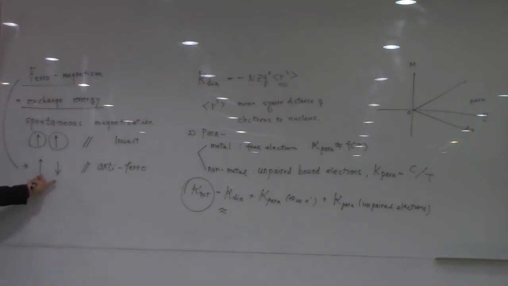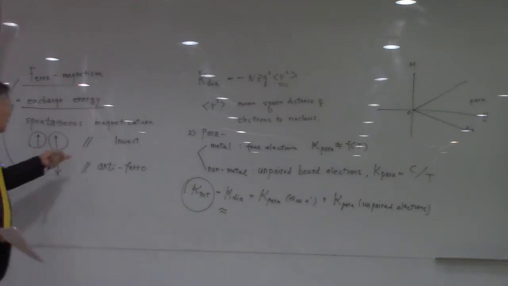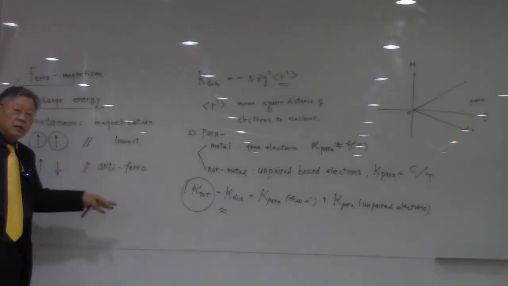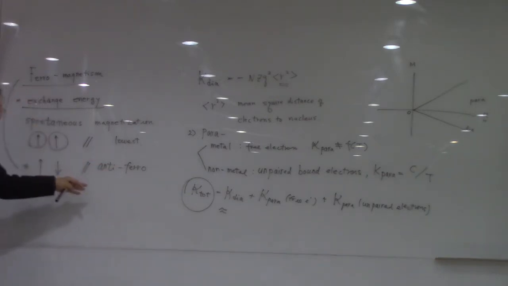And if we just assume that anti-parallel nearest neighbor spins render the lowest exchange energy in anti-ferromagnetic materials, then we can explain the nature of anti-ferromagnetism. So we just have a postulation on this. We do not have any theoretical background on this.